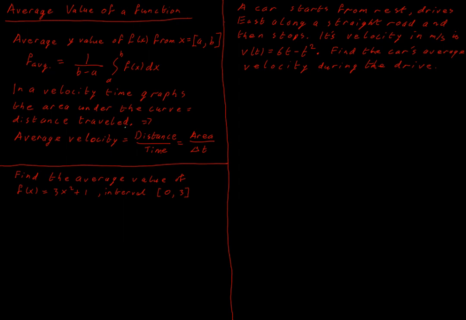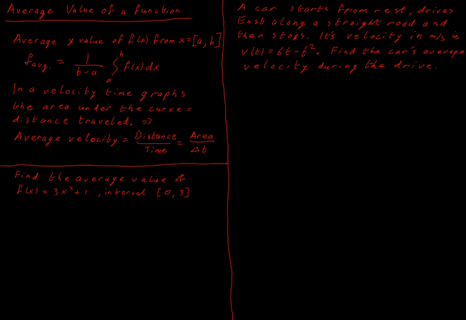So what we would have done when we were dealing with velocity time graphs back in junior cycle and a little bit in Leaving Cert is the average velocity for a journey would be the total distance divided by the total time of the journey, which would have been the area under the curve divided by the change in time, or the total time. And that's essentially what we've got here.